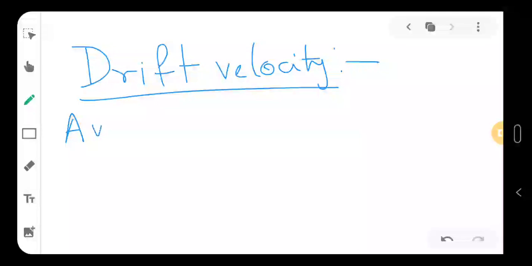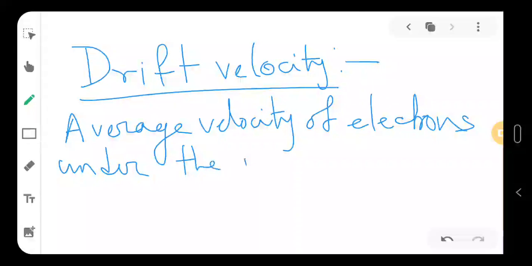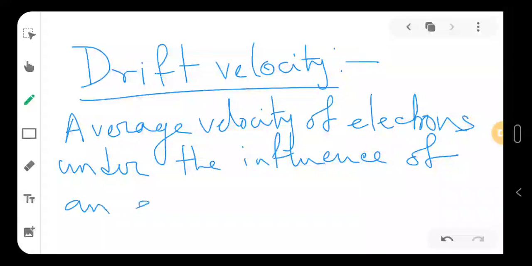So I can say this is the average velocity of a charged particle, in this case an electron, under the influence of an electric field, because only then will charged particles move.